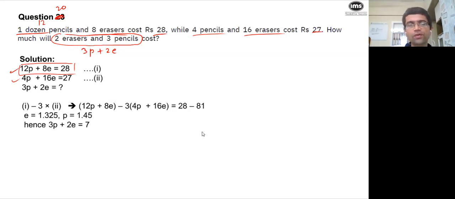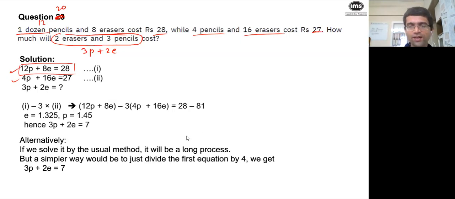I just need to divide the first equation by 4. You will realize this only if you keep an eye on what you need and don't rush. We have this tendency: I saw a question, let me straight away jump into solving it. Not required. I have 12p plus 8e. I can easily divide by 4 and get 3p plus 2e.